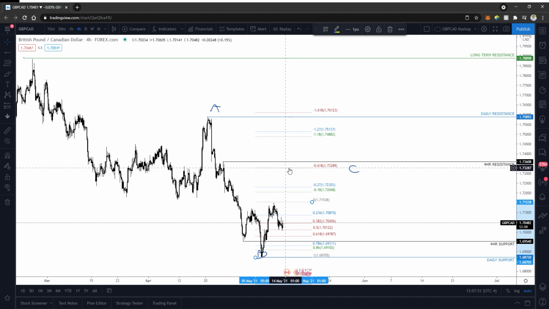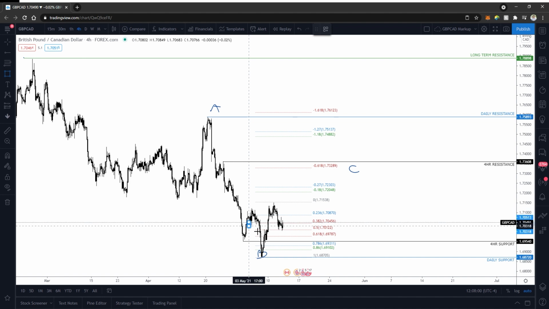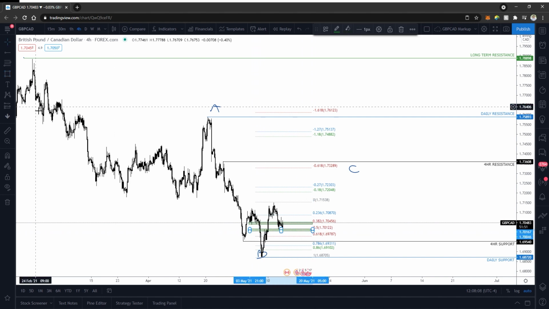Based off of my rules and how I trade, I would enter at any of these red levels. Preferably, I like the 61.8 to give me the highest risk to reward setups.